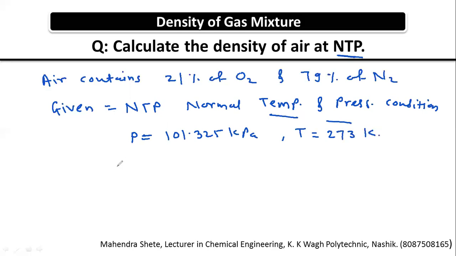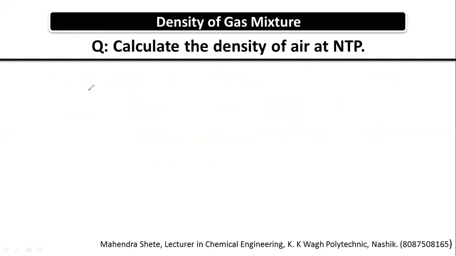Now we have to take the formula, that is rho mix is equal to P M average upon R T. Here first we have to calculate the average molecular weight of the gas mixture. Now we will calculate the average molecular weight of air.